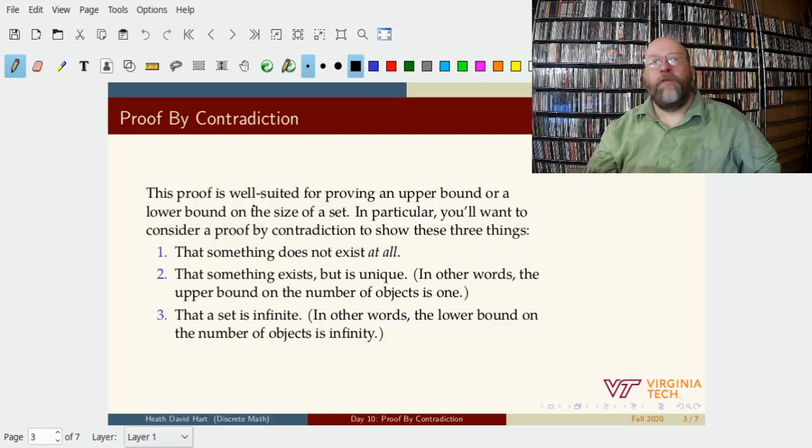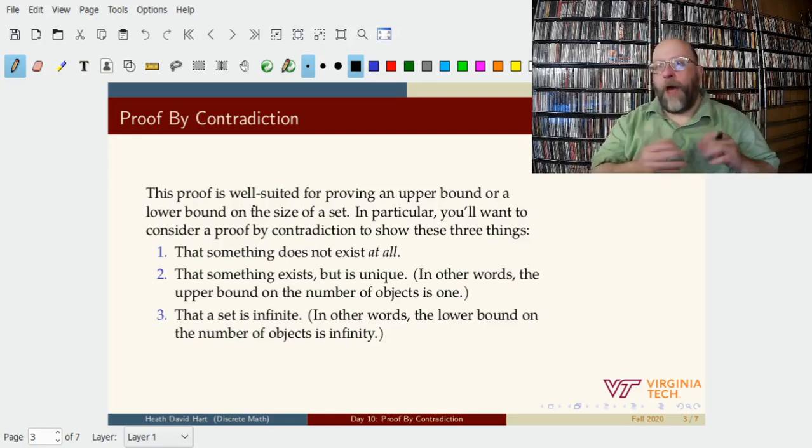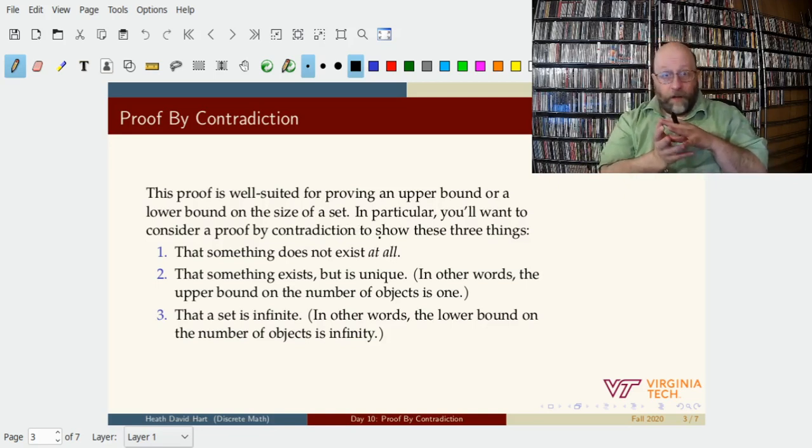This proof is well suited for showing an upper bound or lower bound on the size of a set. That's kind of the thing that contradiction proofs are good for. If we want to show that something does not exist at all, in other words, the size of the set of these things is 0, then the upper bound is 0, the lower bound is 0.